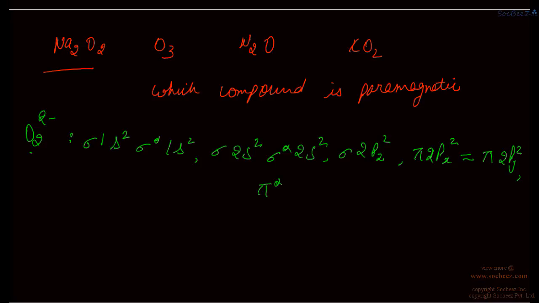After this energy level comes pi star 2px2, whose energy is almost equal to pi star 2py2. So in this case no unpaired electron is there, therefore this is not a paramagnetic compound.